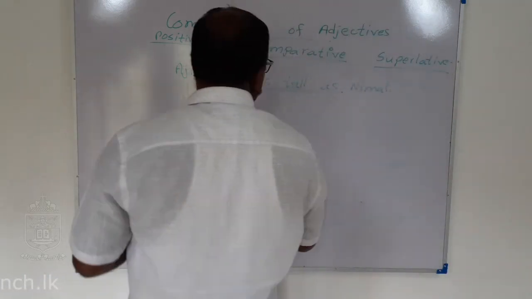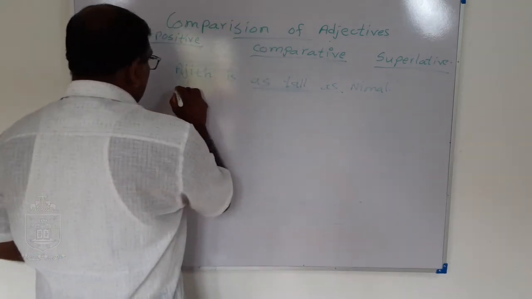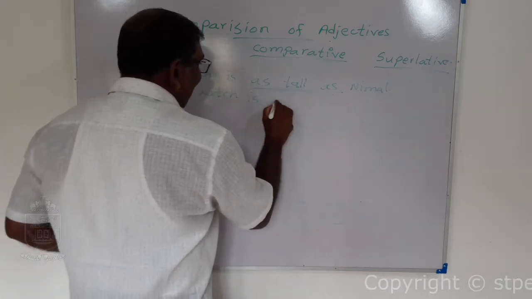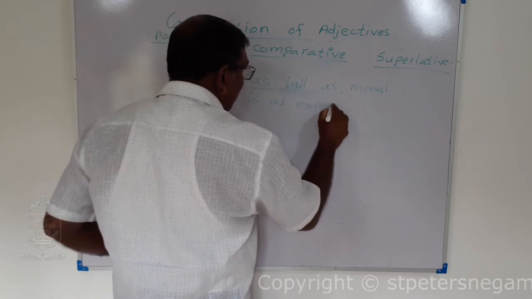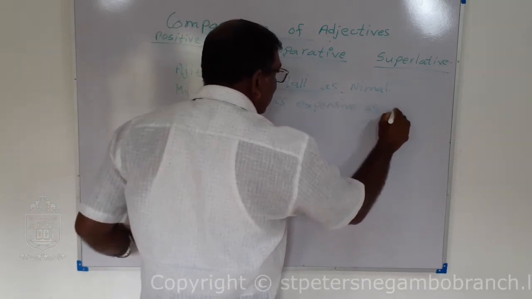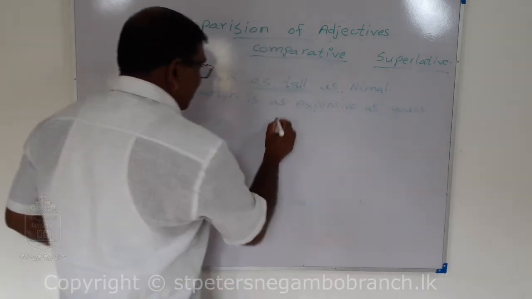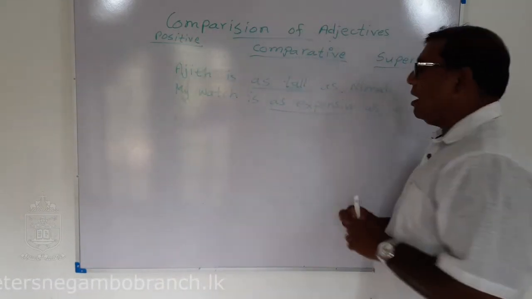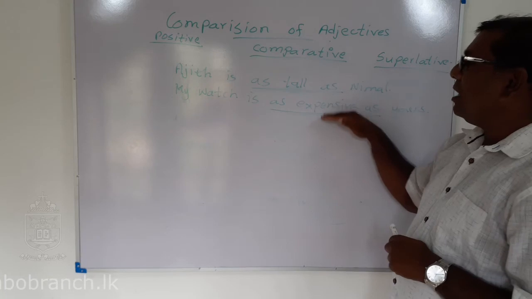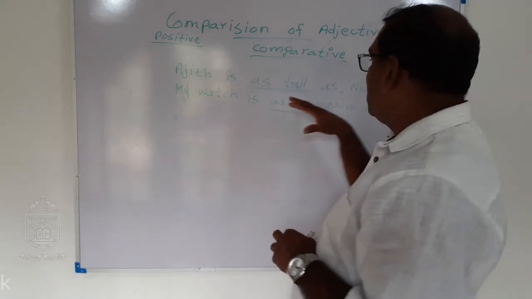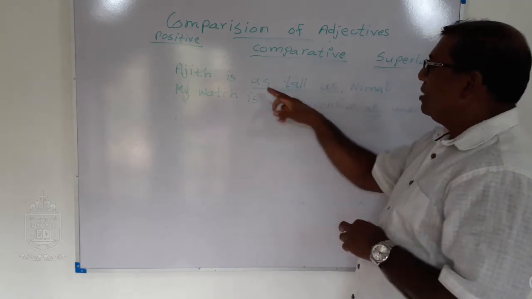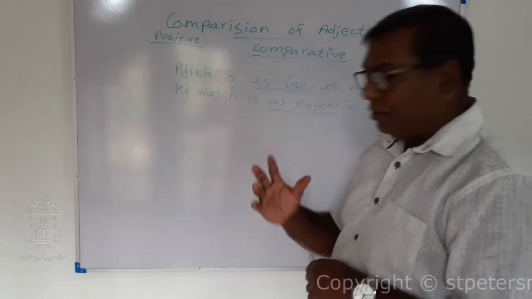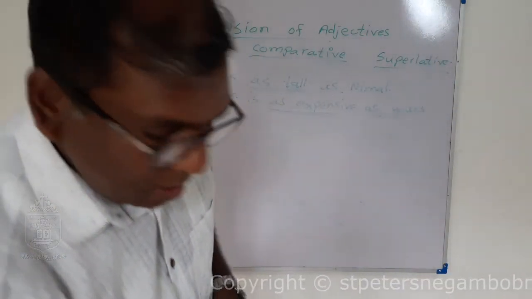So you have to remember that. Another one, we can say my watch is as expensive as yours. So now see both sentences, then you will understand it well. If we want to say something about a person or things being equal, as is used before the adjective and after the adjective.